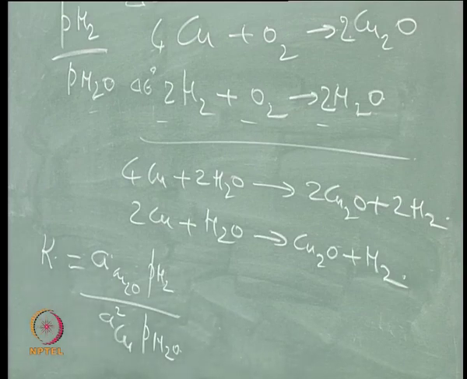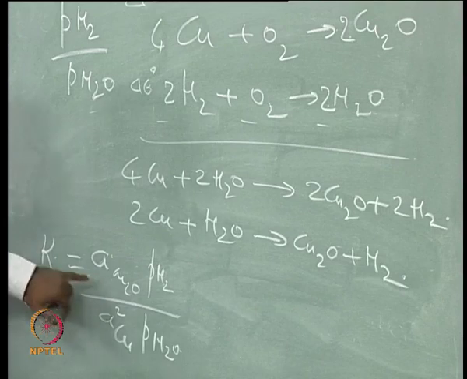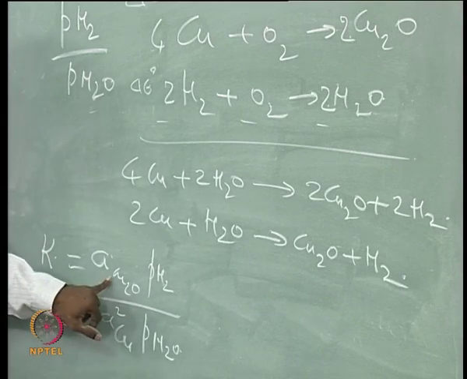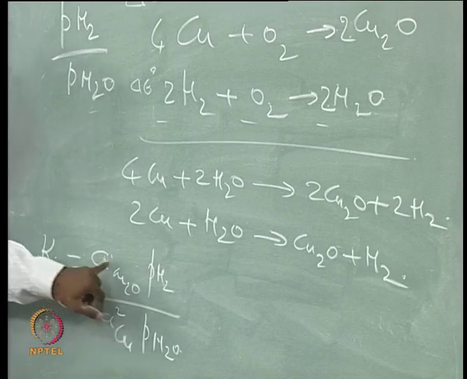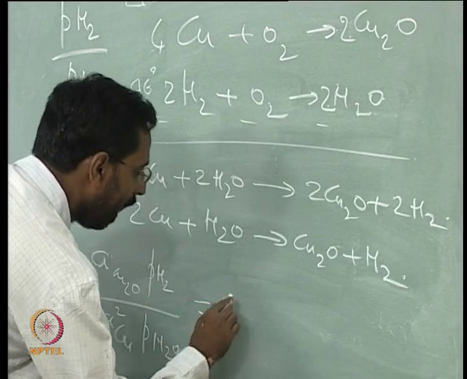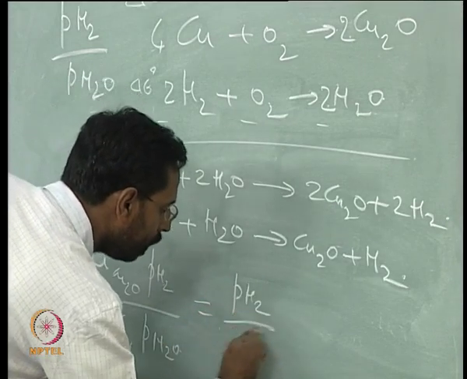So there is no second component. Whenever there is a second component, then we have to consider its activity. Activity basically becomes 1 when it is a pure component. So if pure copper is getting oxidized and giving you pure Cu2O, then the activities are 1 for these two, and I can write K as nothing but pH2 by pH2O.